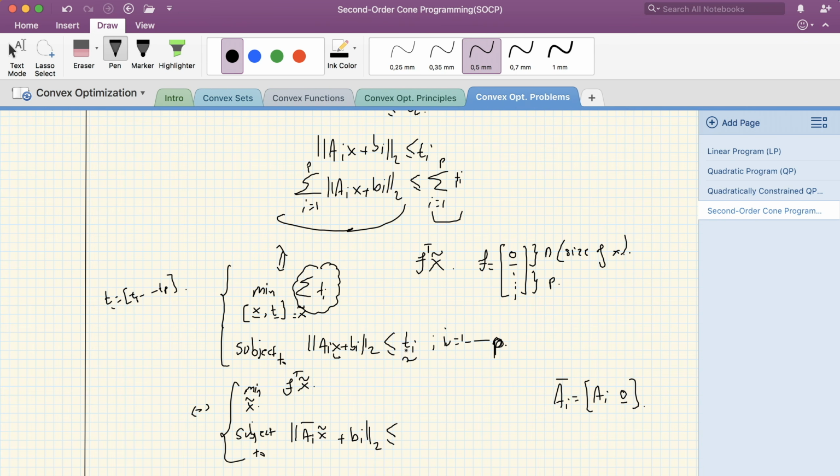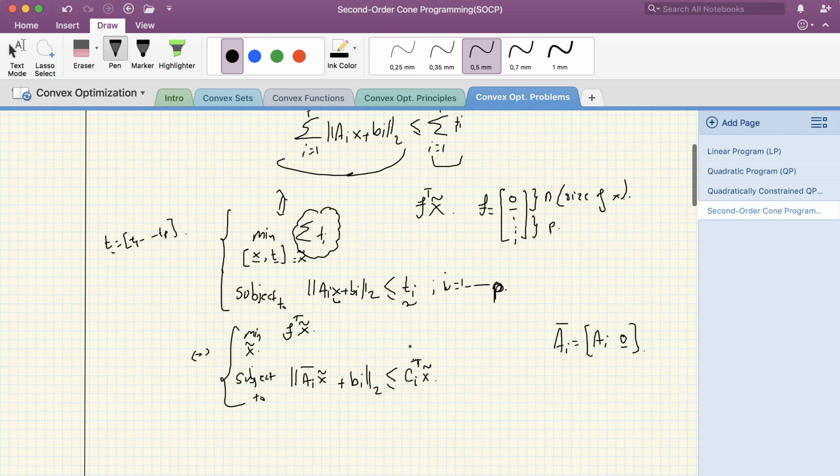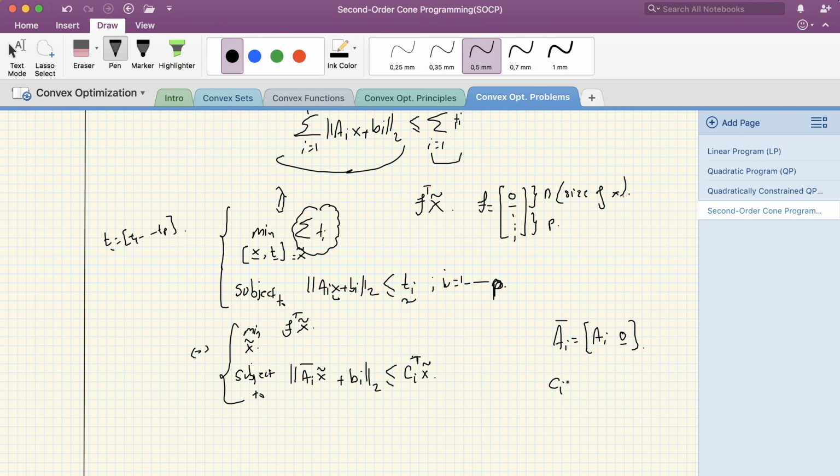Now ti, how do I write this as a function of x tilde? Well, that's easy. Let's call a vector ci, which will be transposed with x tilde, and each time a ci transpose x tilde is going to return a ti. How do we do that? All you have to do is choose a ci which contains zeros as f in its first n entries, and then right beneath the all zeros, we've got a vector ei.